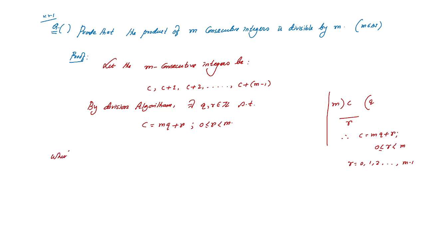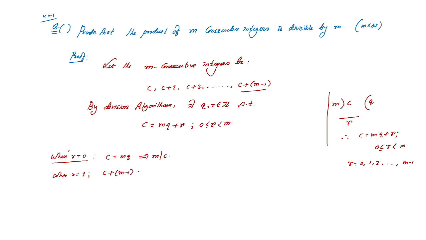Start with r equals 0. In that case c equals mq. Just put r equals 0 here, and m must divide c. But when r equals 1, what will happen? Then we take the integer c plus m minus 1.